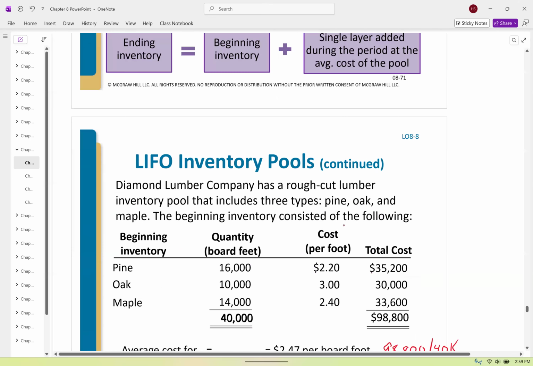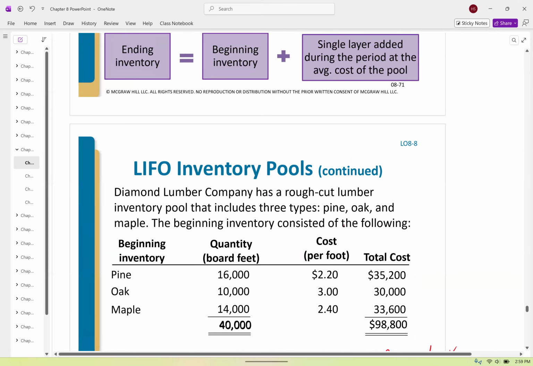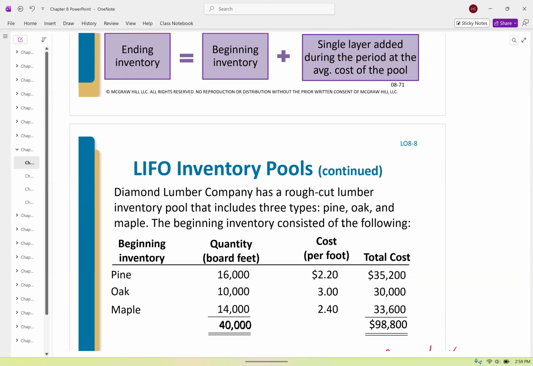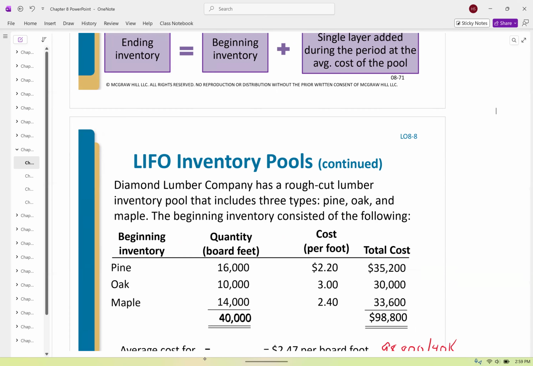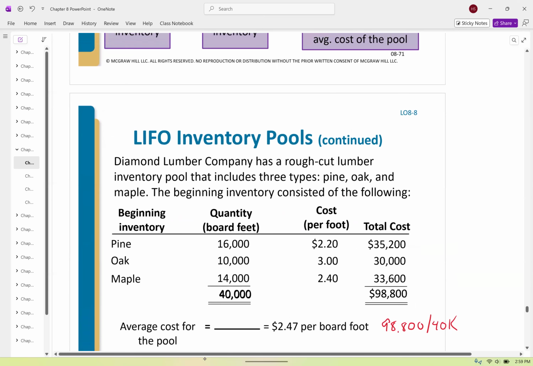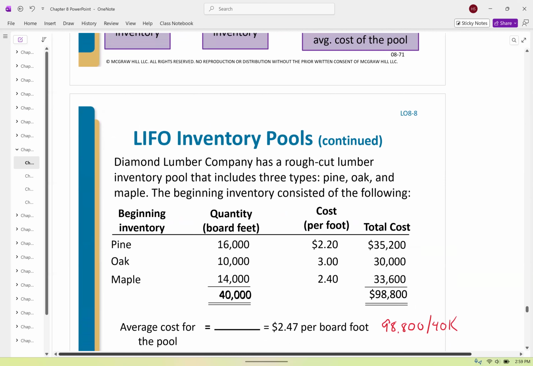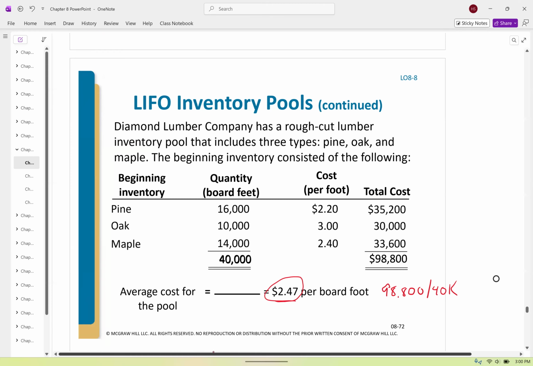This is Diamond Lumber Company. They have a rough cut lumber inventory pool that includes 3 types, pine, oak, and maple. This is our beginning inventory for all of those. So they have board feet over total cost, 98,800, and I wrote this out. 98,800 divided by 40,000 gives us an average cost pool of $2.47. Okay.